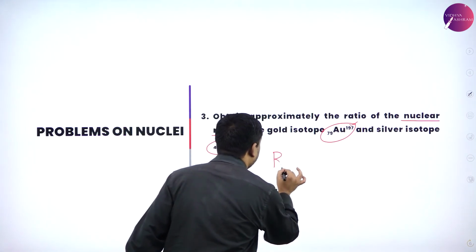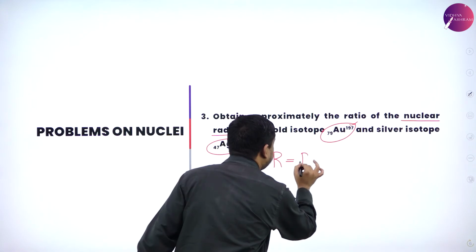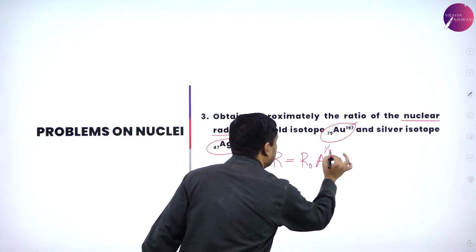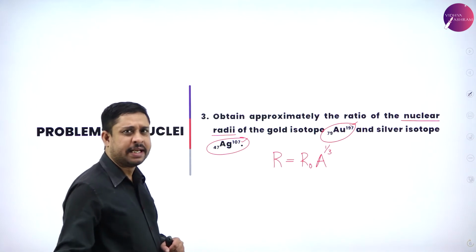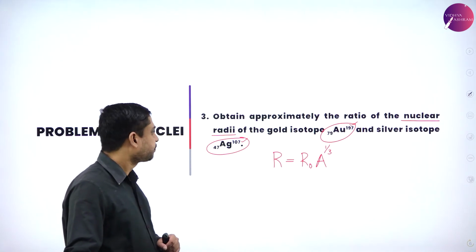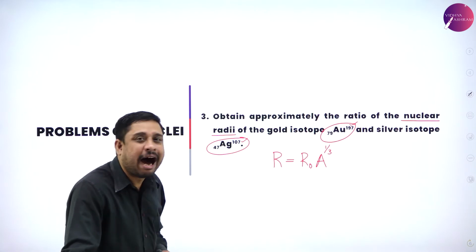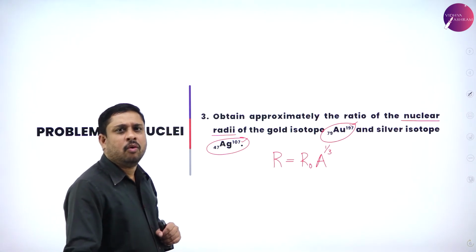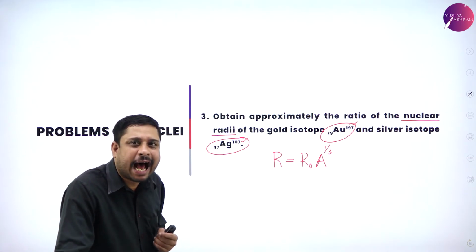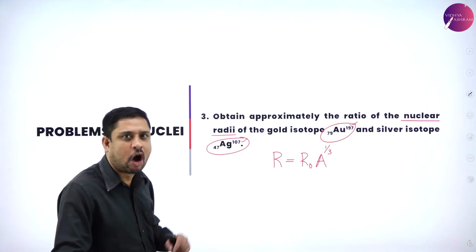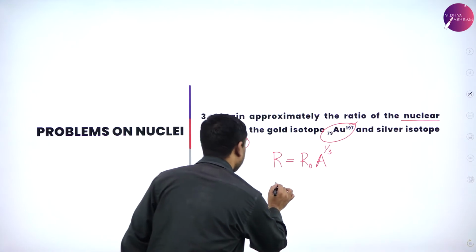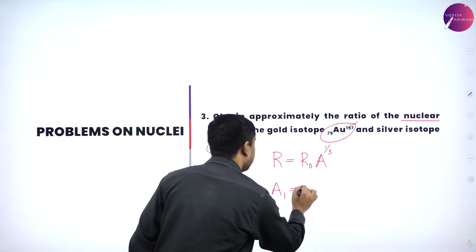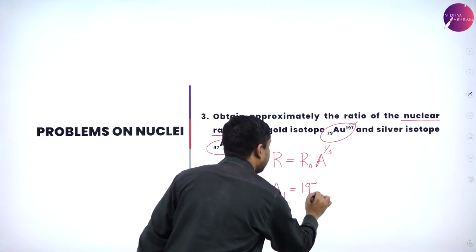We know R equals R naught A to the power 1 by 3. What is R naught? Constant. What did you call that constant as? Fermi's constant. So how much is A1 given to be? 197.